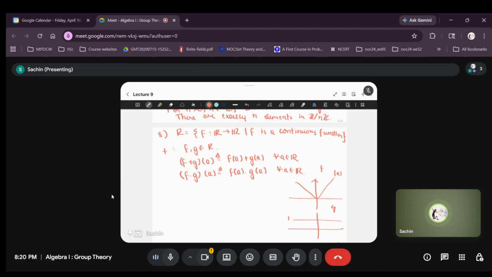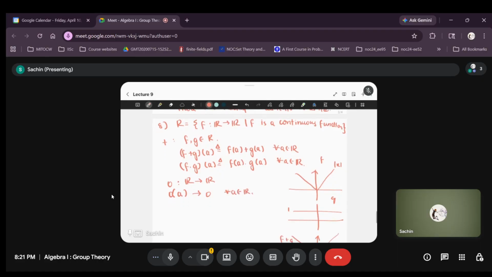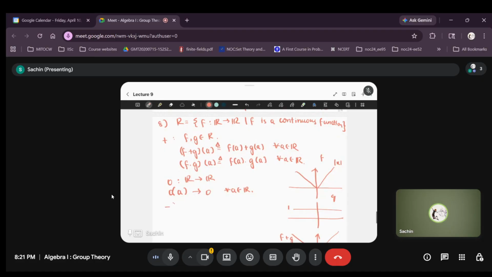So it is closed, and the additive identity is the zero function, which is defined as mapping any number to zero. And minus f is a function defined by minus f of a equal to minus of f of a.